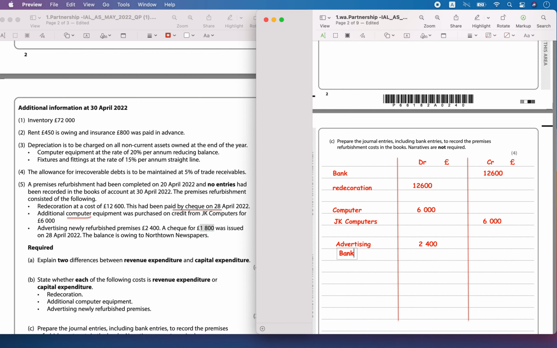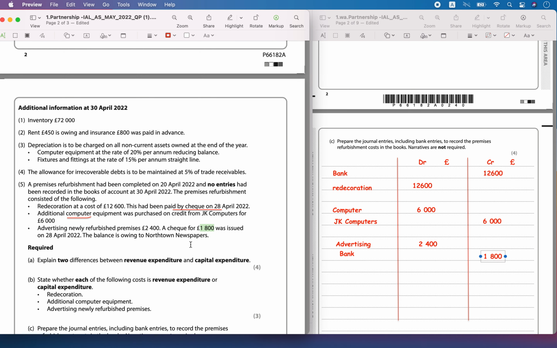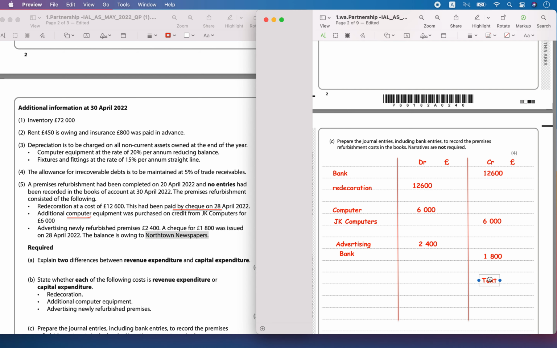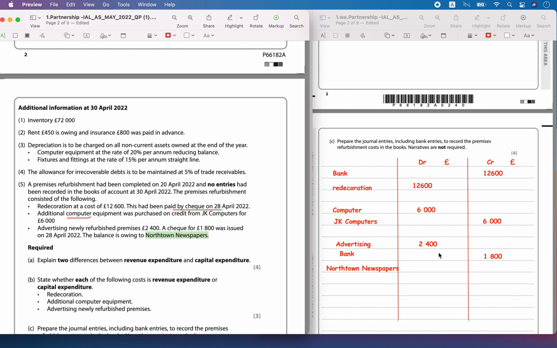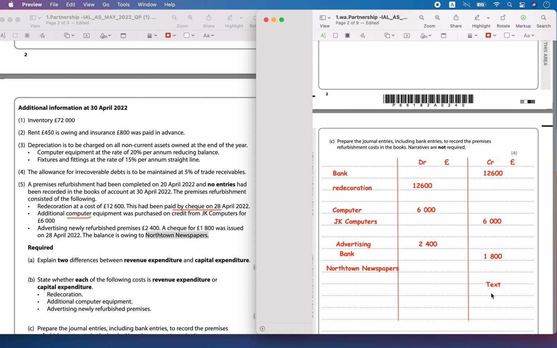It is an out, so 1,800 on the credit side. The balance is owing to North Town Papers, so let's write North Town Papers, they become a liability account I'm maintaining. I still have to pay 2,400 minus 1,800, that is 600, so let's write that.